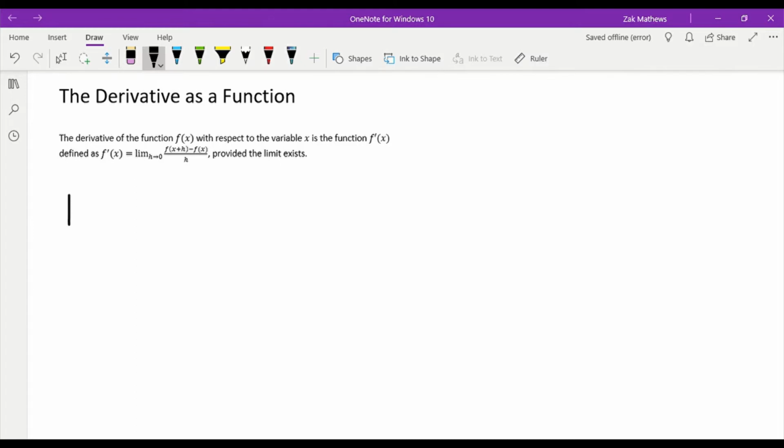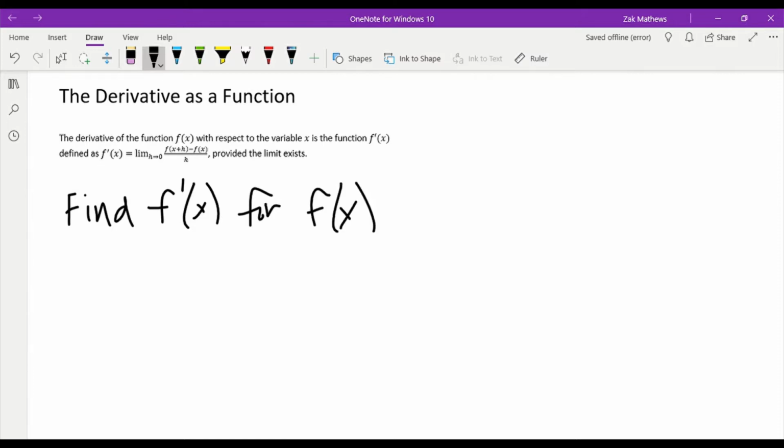So let's find f prime of x for f of x equal to 1 over x, so a rational function.